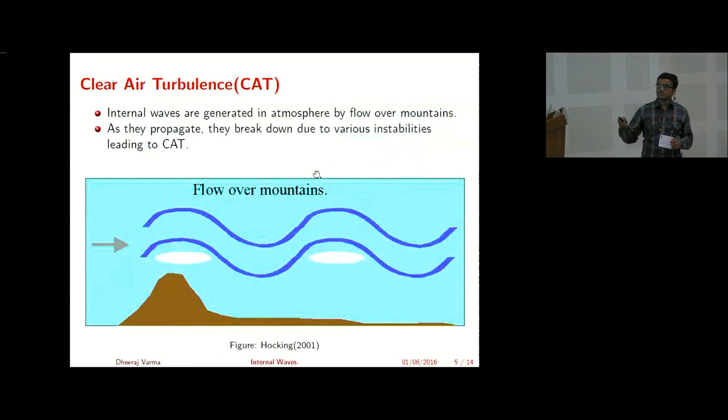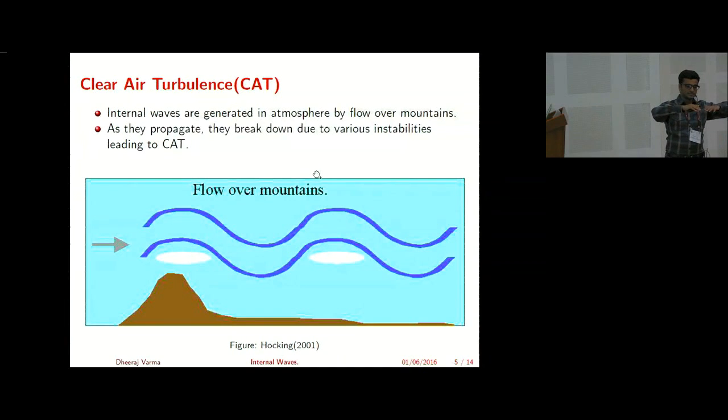The motivation: as I come from an aerospace background, people ask me why I study internal waves. The main motivation for me is clear air turbulence. When you travel in an aircraft, there's always the pilot giving you instructions that you're going to face clear air turbulence. So what exactly is clear air turbulence? You have a disturbance, say a mean flow over a topography.